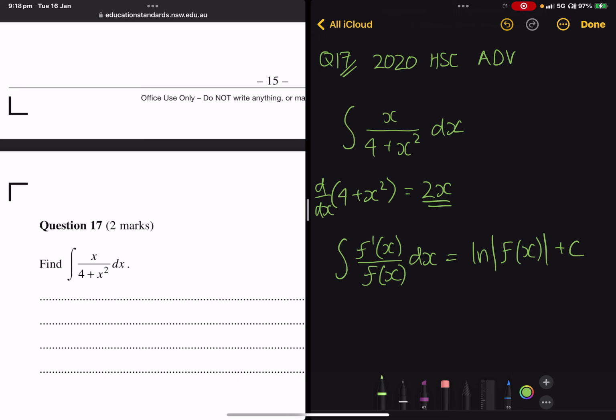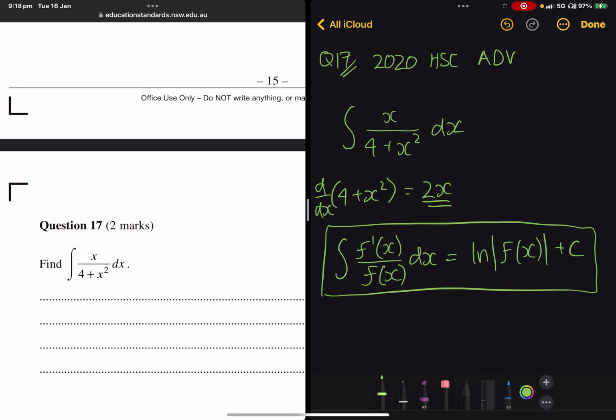And so in this case, the numerator is not a perfect derivative of the denominator. There's a 2 times multiple here, but that's fine. It's a scalar multiple. So we can add that in when we're doing our integration. This is what we're going to be using here.